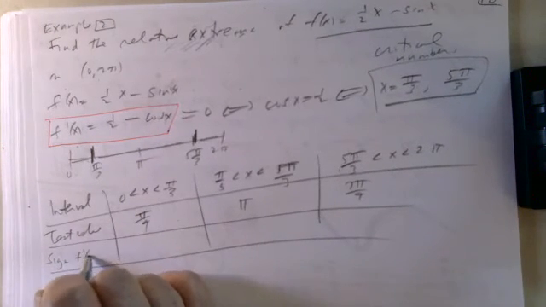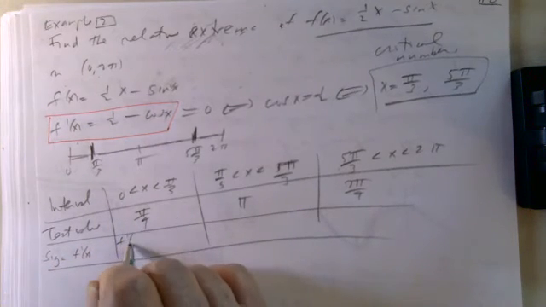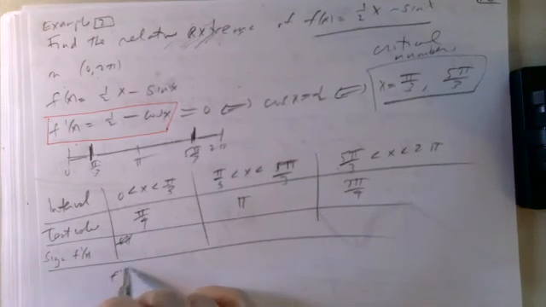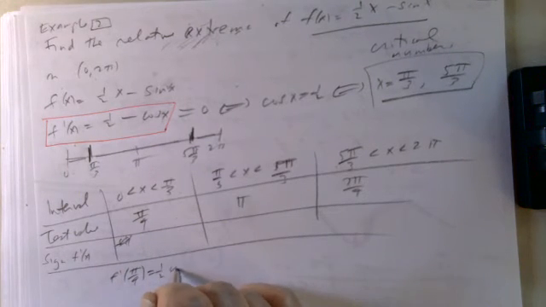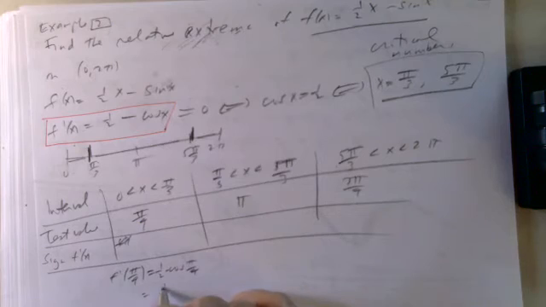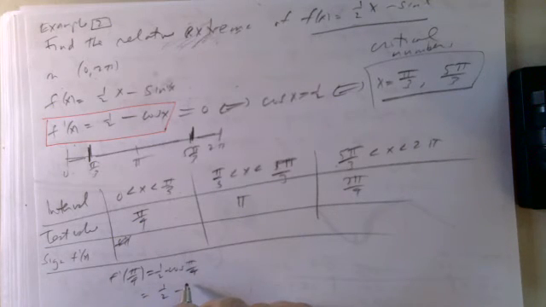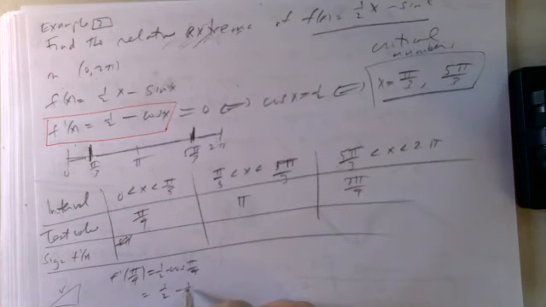So what is the sign of the derivative? f prime of pi over 4 is a half minus the cosine of pi over 4. That's a half minus cosine of pi over 4, 1 over root 2.